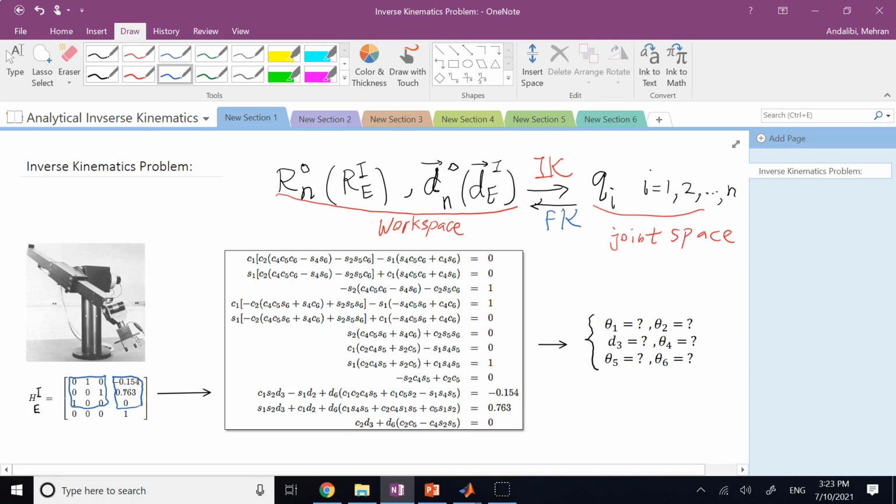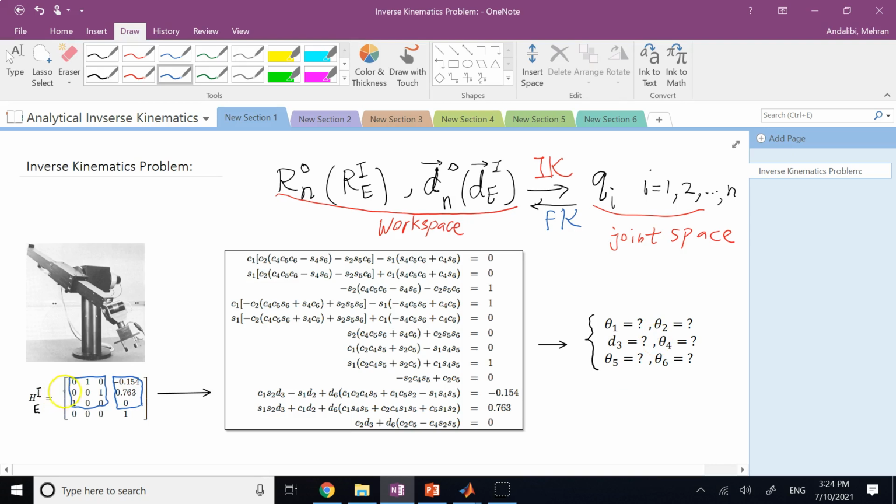If I give you this and say, hey, what angles and what value for this prismatic joint do I need? So you know there are 6 variables in this, right? Theta 1, theta 2, d3, and then theta 4, 5, and 6 for the spherical wrist. So I have 6 joint variables, it has 6 degrees of freedom. I give you the rotation matrix and the position of the end effector in base.